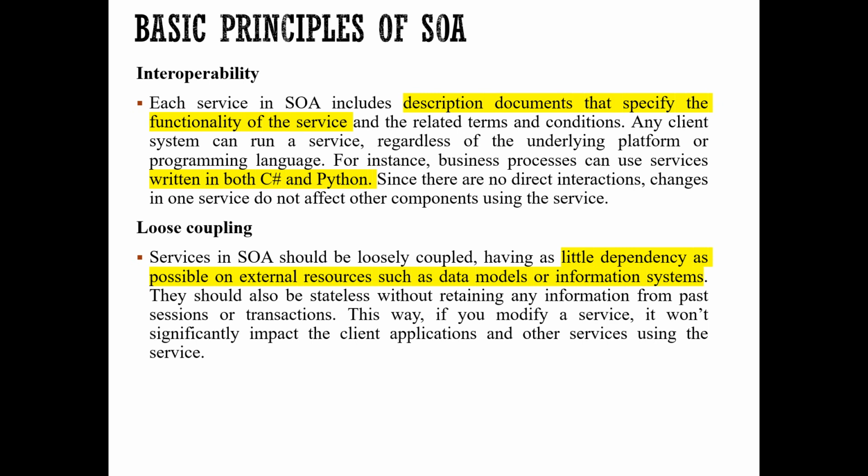The next one is loose coupling. Loose coupling means the services should not depend heavily on one another. It makes maintenance easier. If one service is modified, the other services should continue working without any problem. That is called loose coupling.